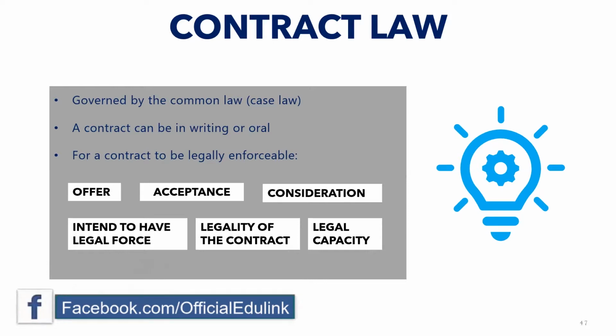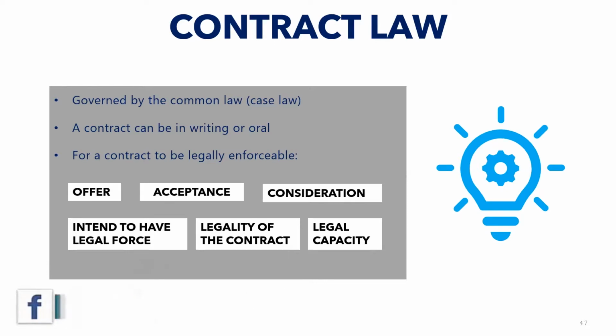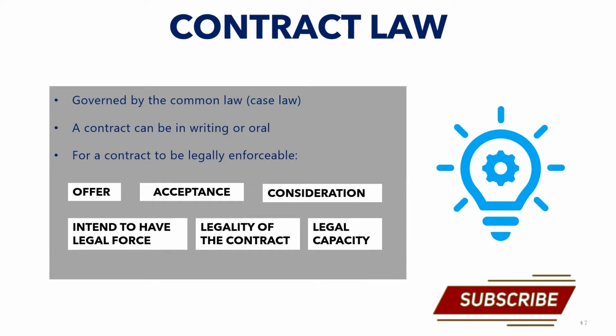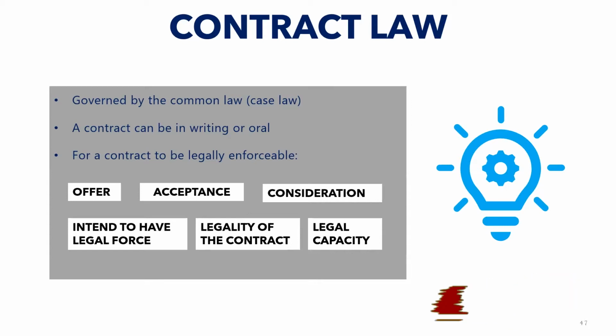If there are people who have a mental impairment, then even though you have agreed that you will sell me your property and I will pay you something, the law will see it as this person who entered into this particular contract had no legal capacity to do so, and that will be dismissed, right? So these 6 elements have to be in there for you to say you got into a contract.